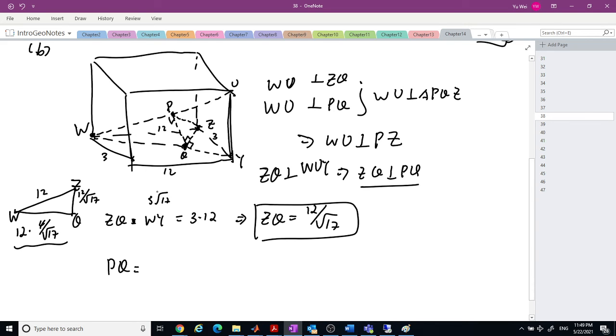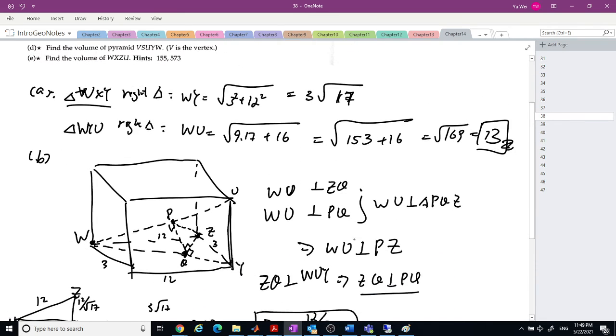So PQ over WQ is equal to UY over WU. Okay, so now we can solve PQ is equal to WQ, that's 12 times 4 over root 17, then times UY.